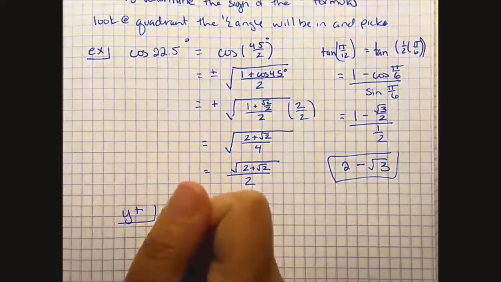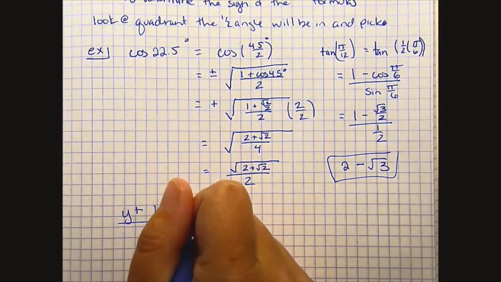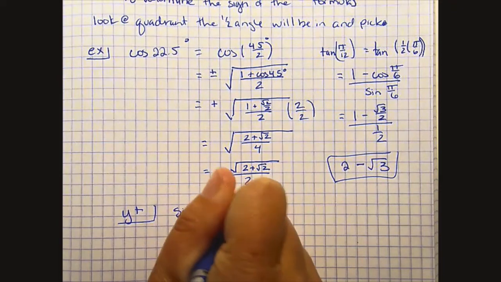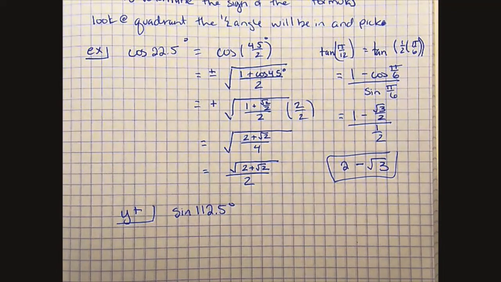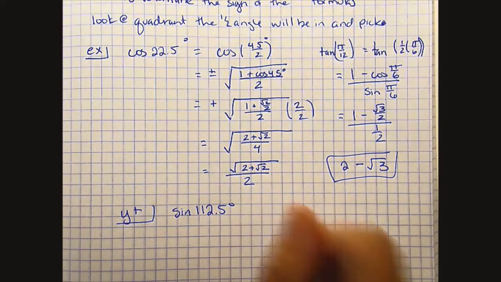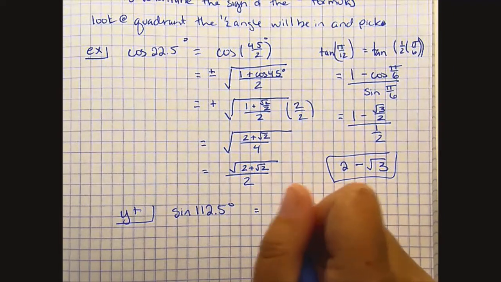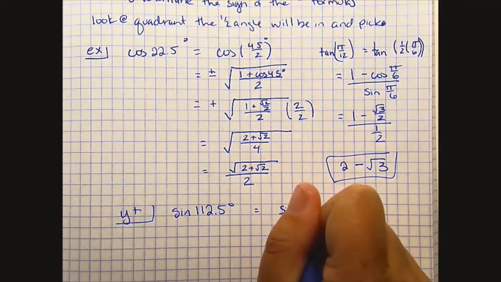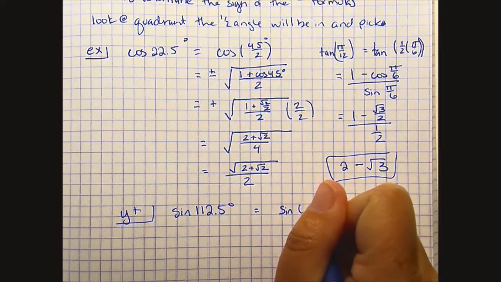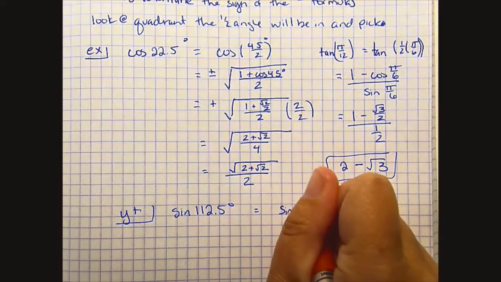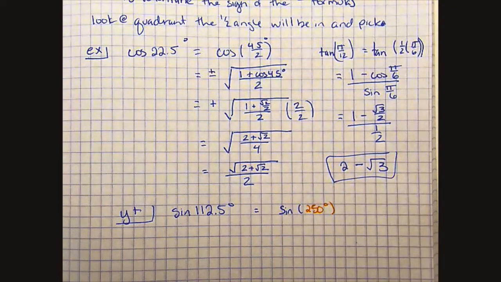Okay, here is the your turn. I'm going to have you find sine of 112.5 degrees. And I lied, I'll go ahead and show you how I did it. So sine of 112.5 will be half of sine of 225 degrees over 2.